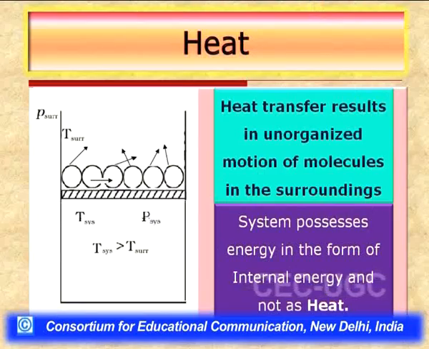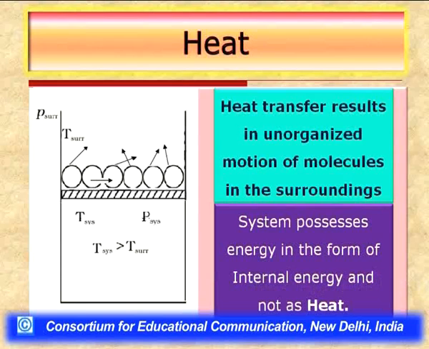Now we proceed on with two important path functions which we described. One is the heat and the other is the work. So when we defined heat, we defined it as the transfer of energy which results in unorganized motion of molecules in the surroundings.